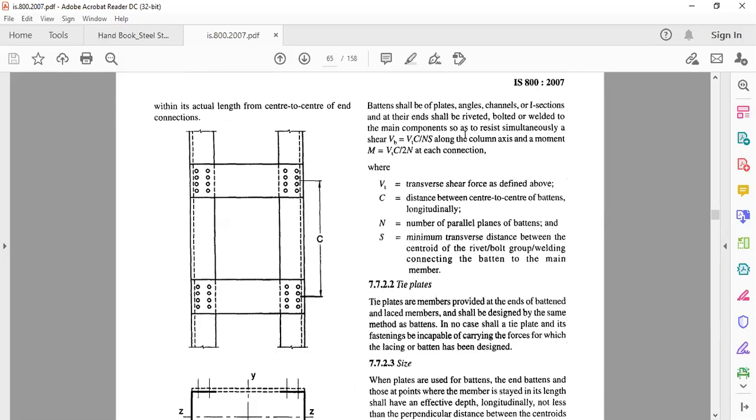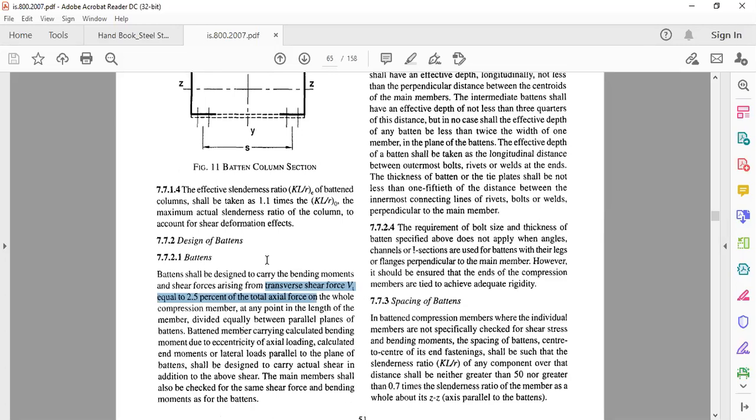The battens we are going to design should withstand the shear force Vb equal to Vt into C divided by Ns, and moment M equal to Vt into C divided by 2N. So this much force it has to withstand. For a laced column, we have to provide lacing, either plates or flats.